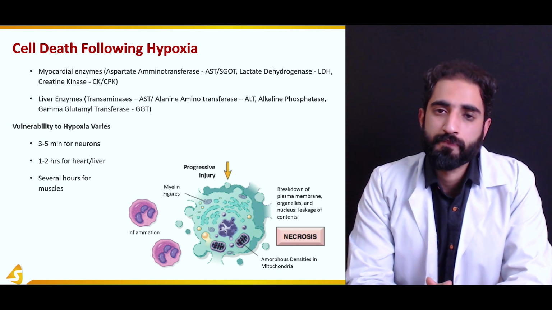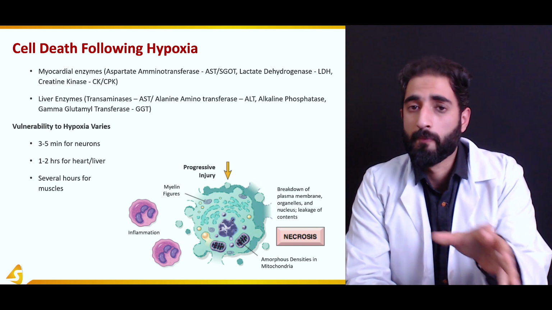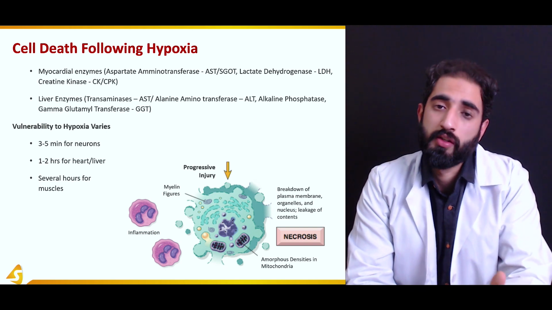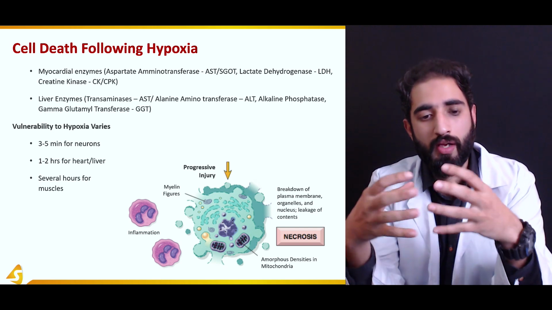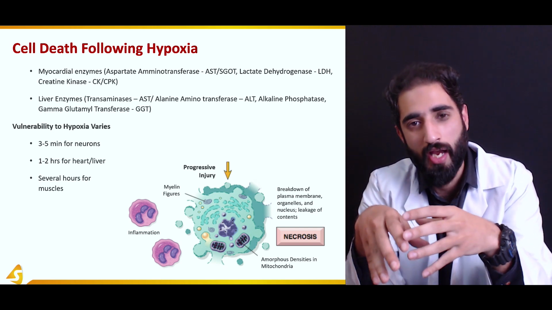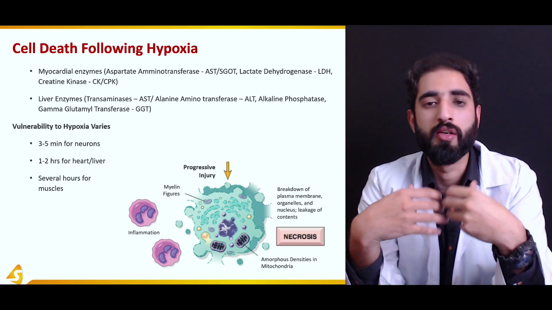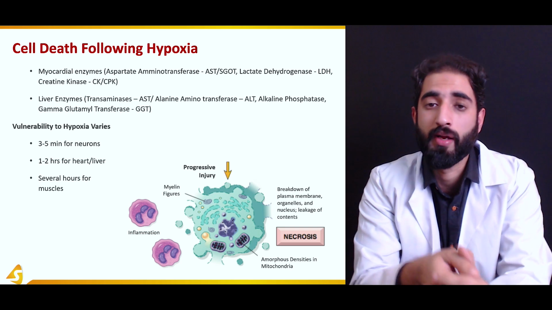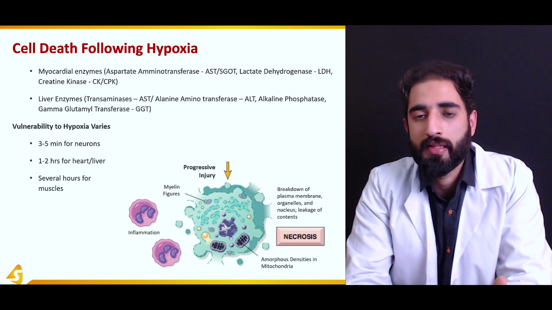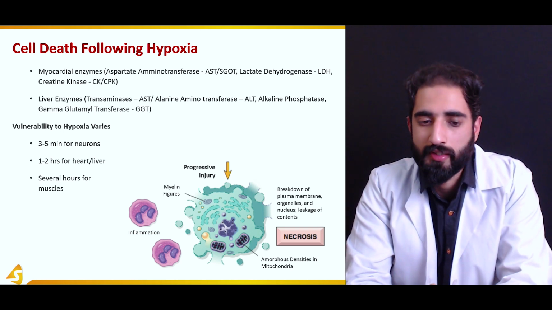So these types of hypoxic injuries can occur in different tissues, and when the integrity of the cell membrane is lost, all of those enzymes which are actually present in the cells come into the extracellular environment. Let's take the example of myocardial enzymes and liver enzymes.